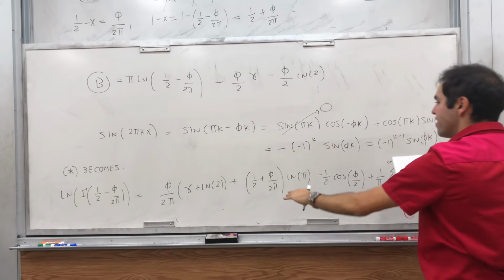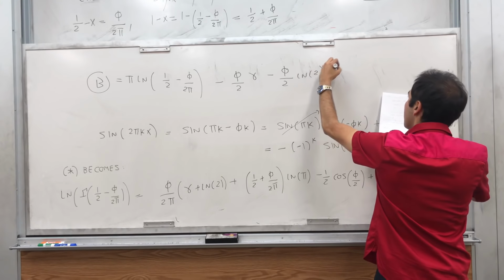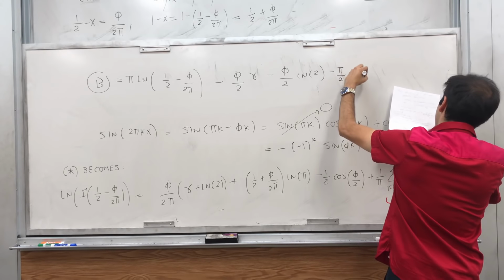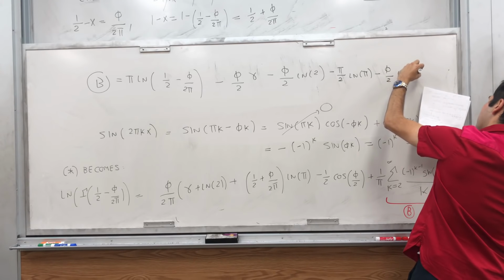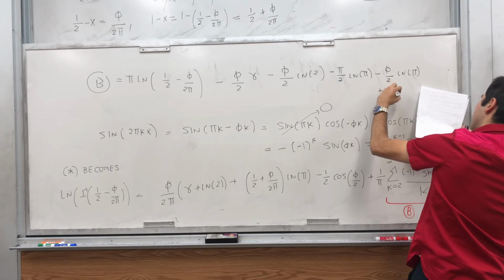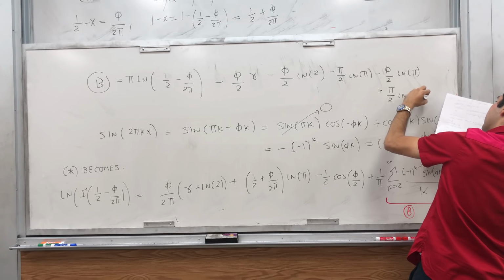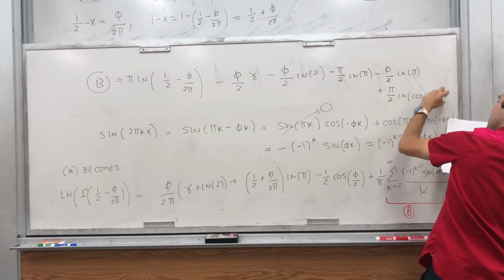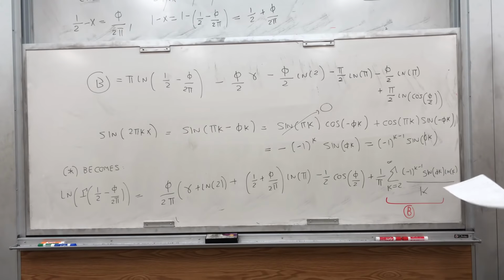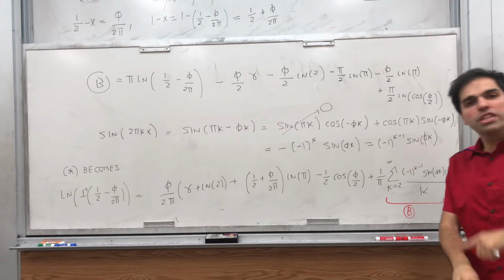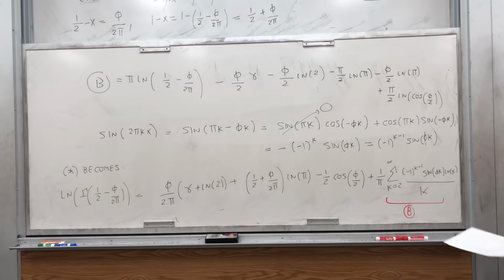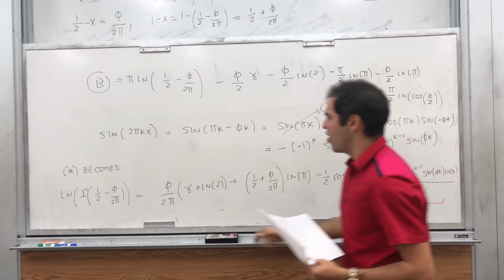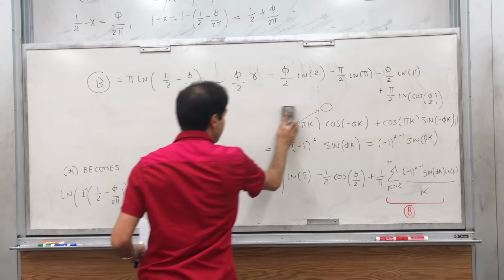So let's just expand everything out. And then minus pi over 2 ln of pi minus phi over 2 ln of pi plus pi over 2 ln of cosine of phi over 2. Which is amazing because now we don't have any series anymore. We don't have any integrals because of this Jn business. We don't have any series. So with that, we can actually get a closed form formula for our integral.